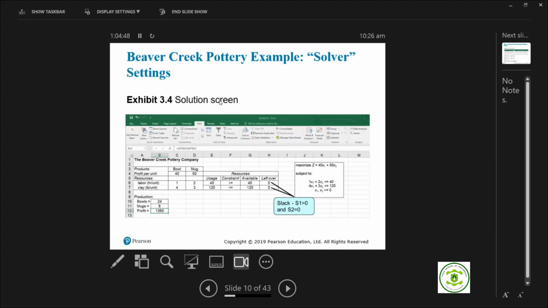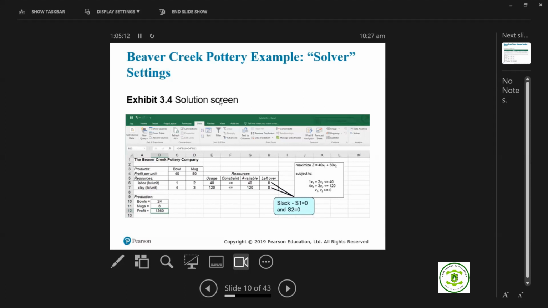That's the easiest way to go about it. If the profit per mark also changes to 80, you just replace this 50 by 80 and resolve the problem, and you will see the effect on your answer.